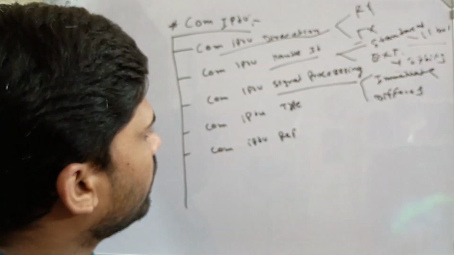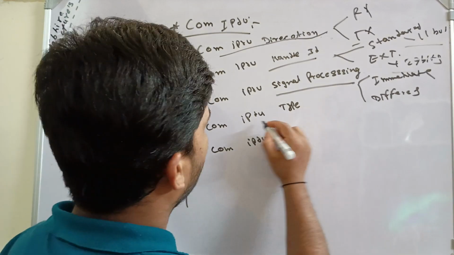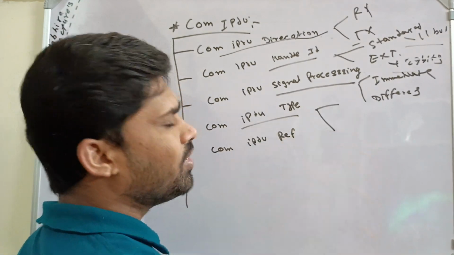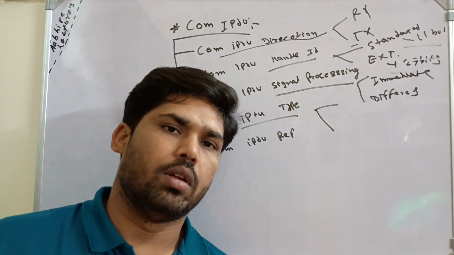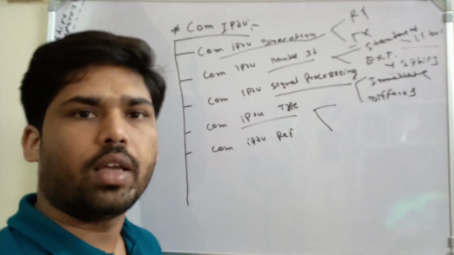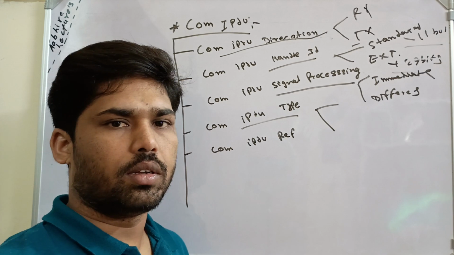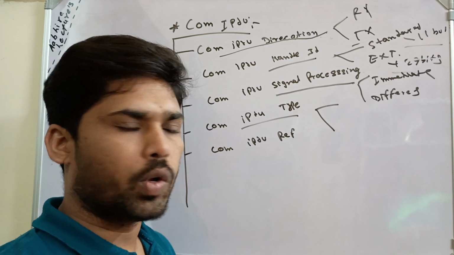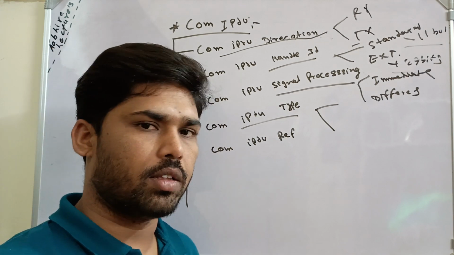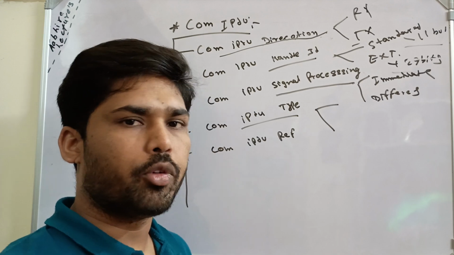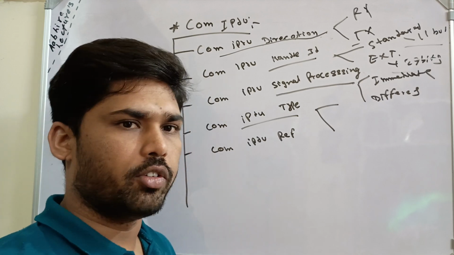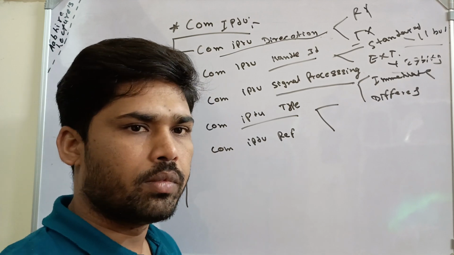Okay, next, COM IPDU type. Which type of IPDU is there? So as we know, in our classic CAN, how much data can we transfer? We can transfer up to 8 bytes of data using classic CAN, right?